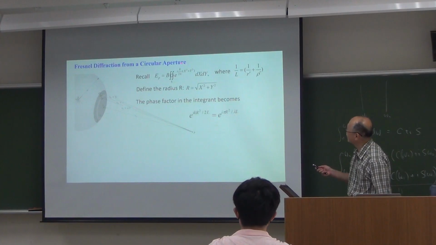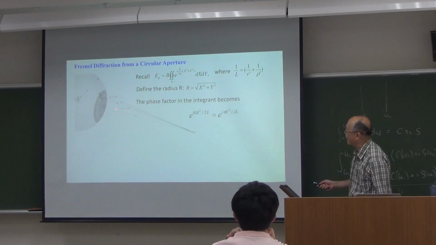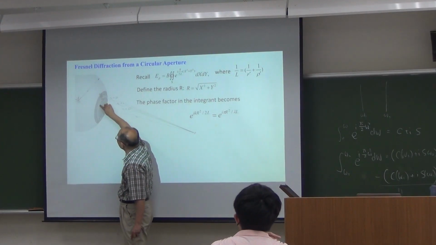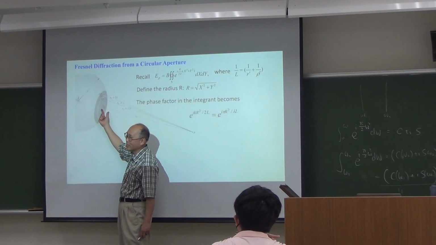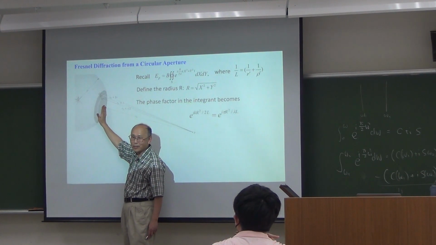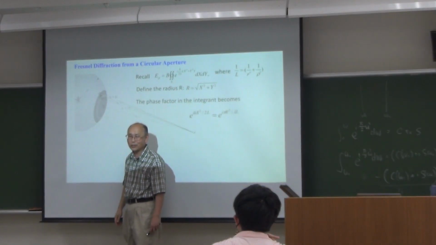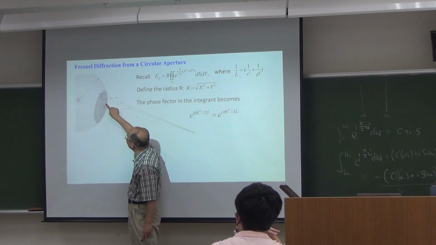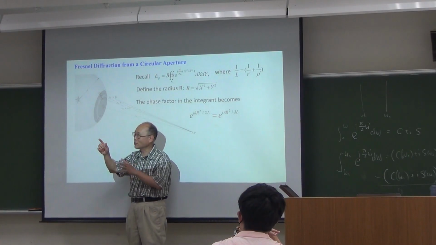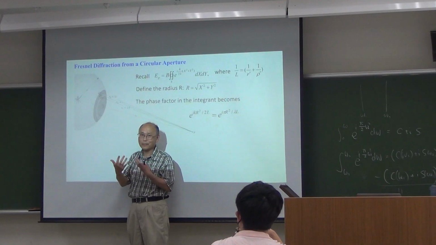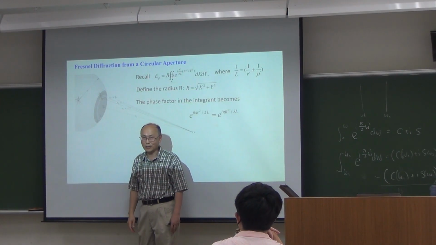Okay, so let's look into this phase term, and then you can define radius if this is a circular aperture. Okay. And then you can identify that, hey, within this zone, the phase change of the radiation is within 180 degrees. It's not quite changed the phase over 180 degrees yet. So more or less in this zone, the radiation coming out from this zone, you have more or less constructive interference.